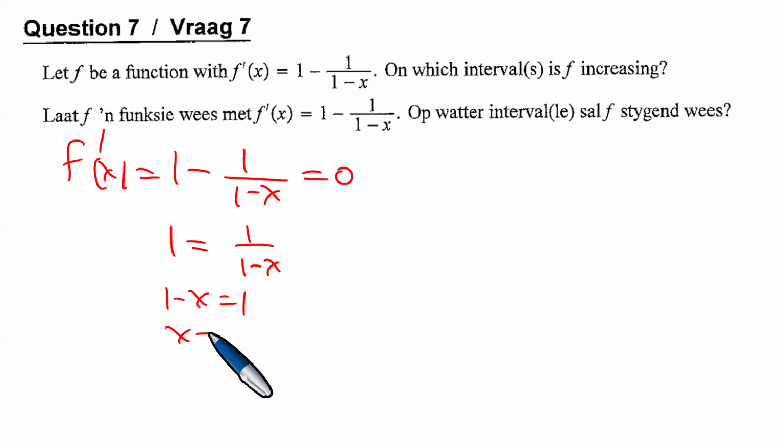If you solve for x here, you'll see that 1 minus x is 1, so in the end x must be 0.